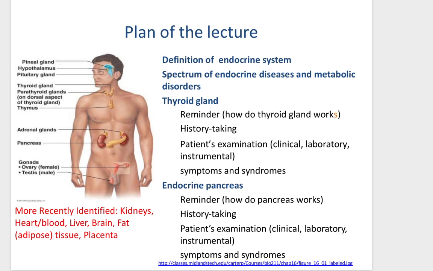It will be a reminder too of how the pancreas works, history taking, patient's examination in endocrine pancreas disorders, including clinical, laboratory, and instrumental too, and symptoms and syndromes of disorders of this organ.